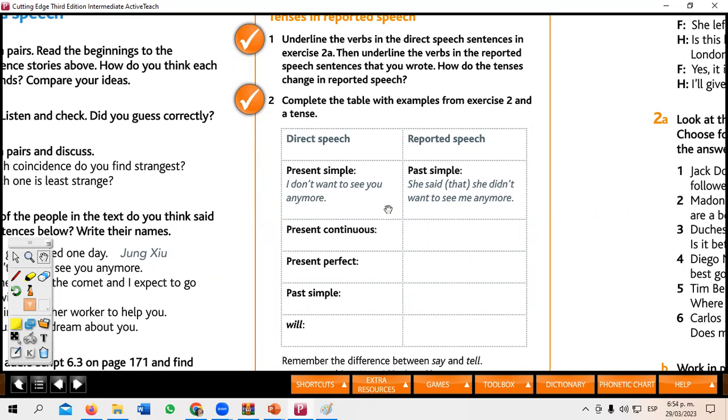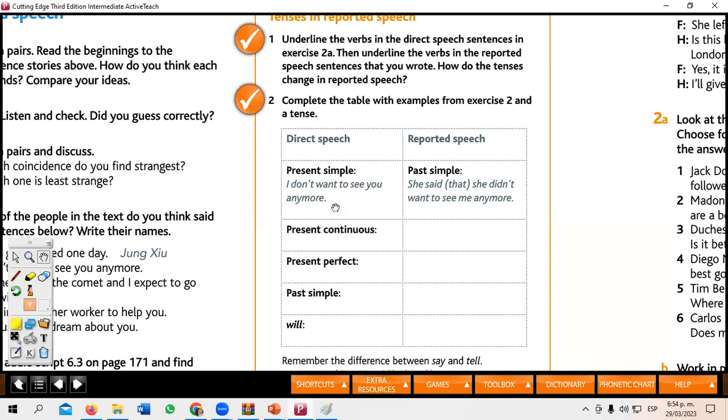So when the direct speech is in present simple, we report it in what tense? When it's in present simple, how do we use it in the reported speech? Past simple. In past, right?